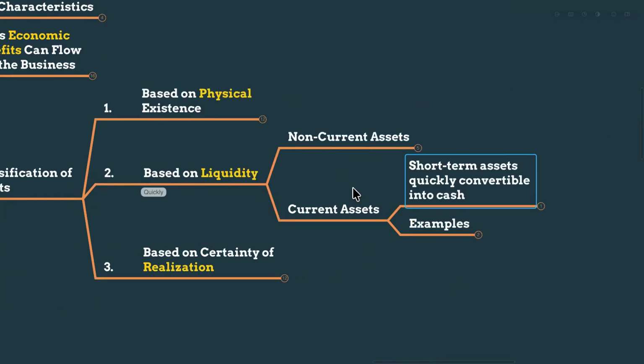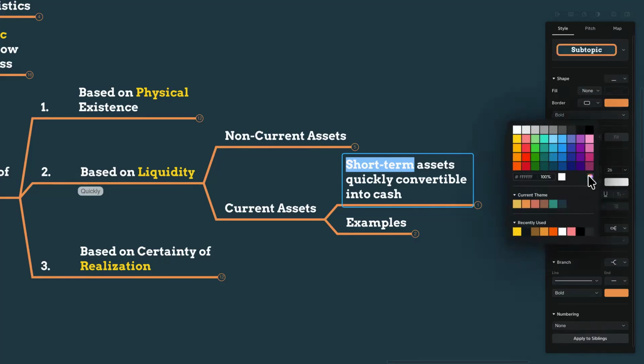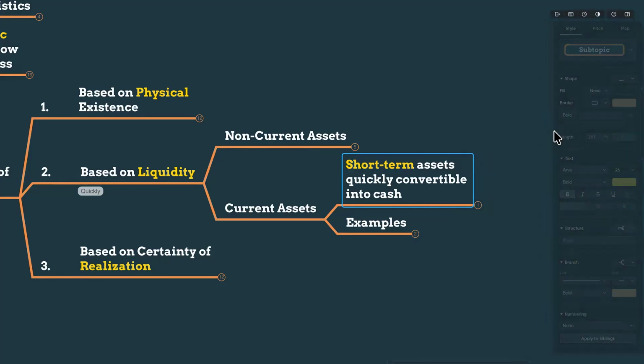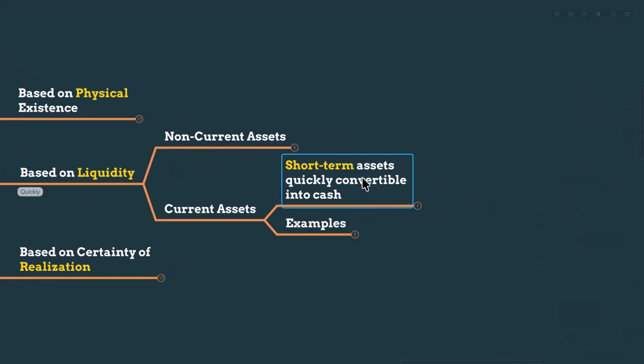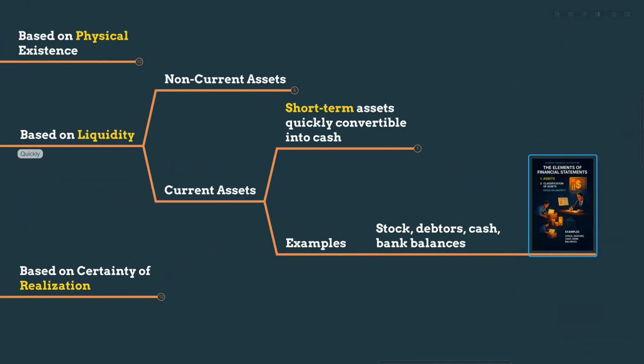And what about current assets? Current assets are, my dears, always short term. We can confidently say these are short-term assets you can convert into cash very quickly compared to non-current assets, right? The examples are stock, meaning inventories that you sell on a day-to-day basis, debtors, which is another name for receivables, cash, and bank balances.